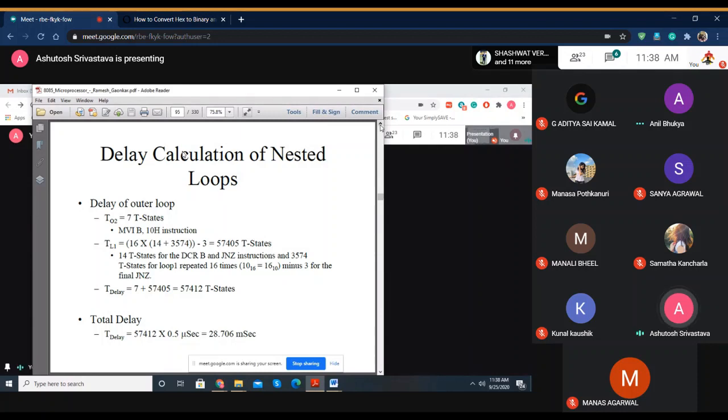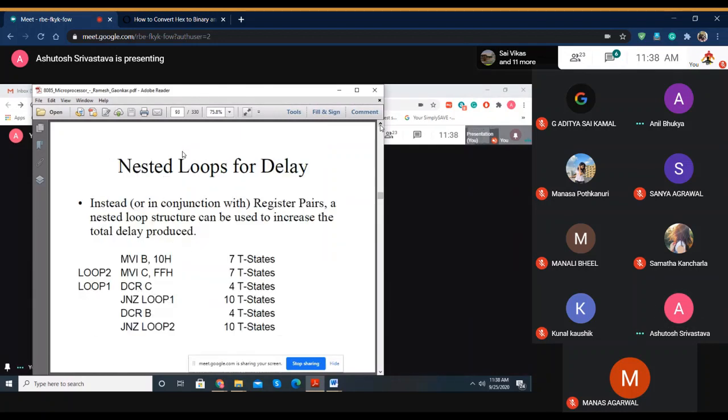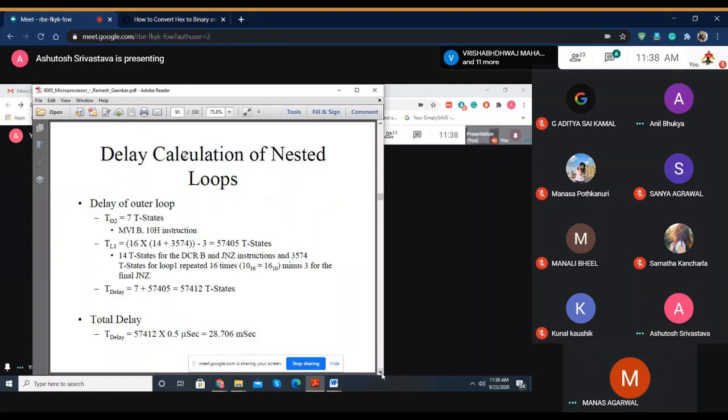So why is it 16? Anybody? 10h equals 16 in decimal, so that's why it's 16 times. It will repeat 16 times to get to 0. Correct.